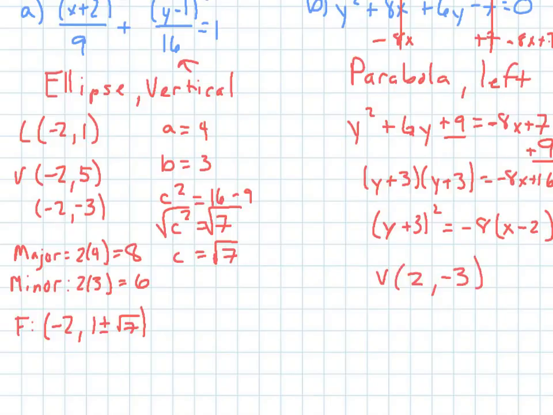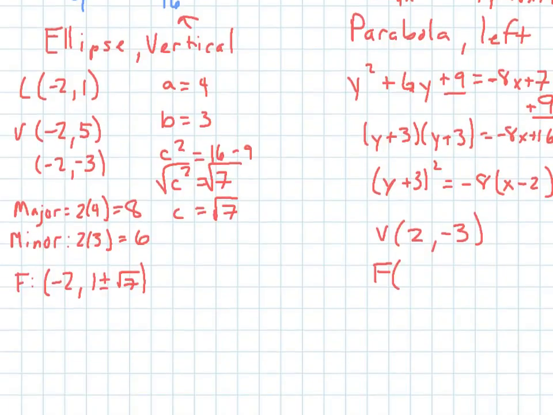And then your focus, remember I need to figure out what this p value is. So since 4p is equal to that -8, okay, so then I want to divide both sides by 4. Okay, so p must be a value of -2.